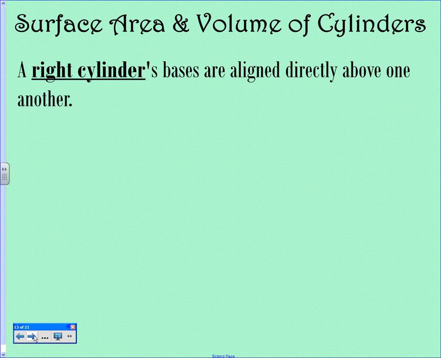Now we're going to look at the difference between a right cylinder and an oblique cylinder. The right cylinder faces are aligned directly on top of each other. So you could take your hands and just do this, and it would tell you where the bases are. Some of them do this.